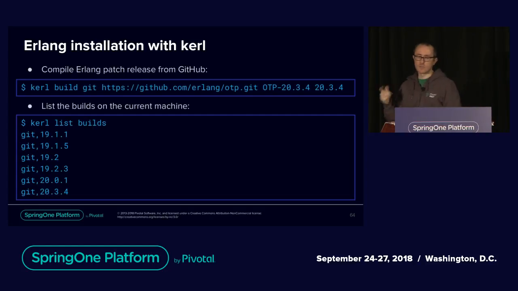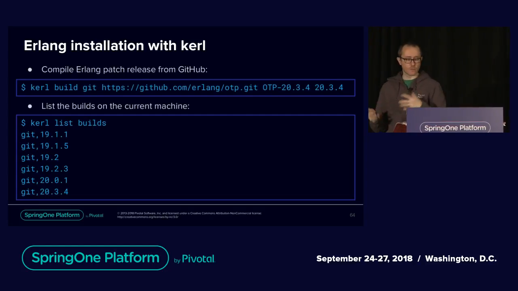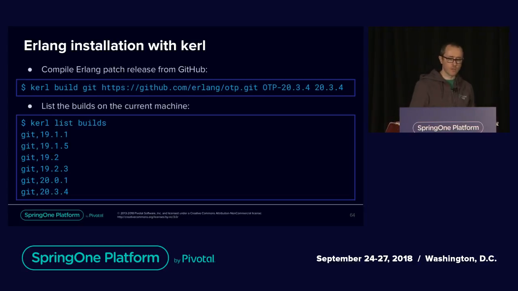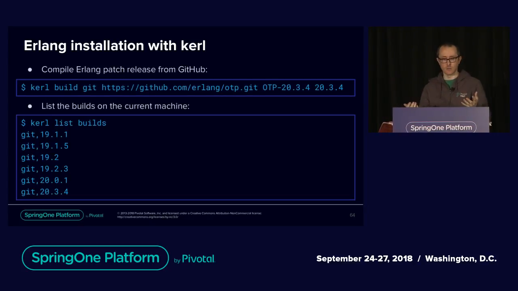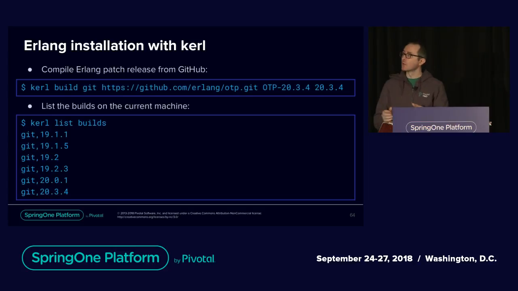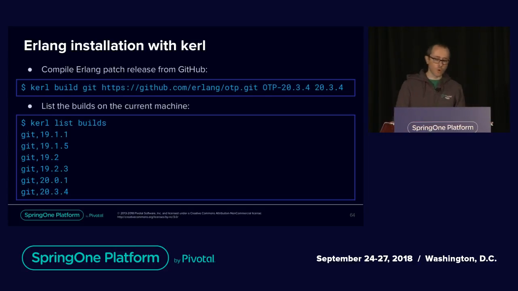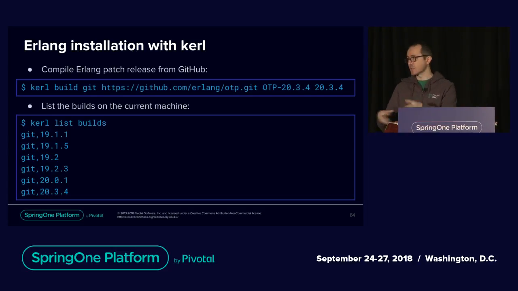So it will typically take a few minutes, like 10 or 15. And then with kerl, all your builds are managed, and you can list them, you can remove them, and you can also choose a default one, or choose one for this specific shell instance. That's very useful if you are working heavily with Rabbit or Erlang systems.